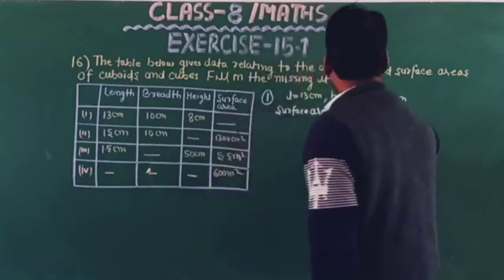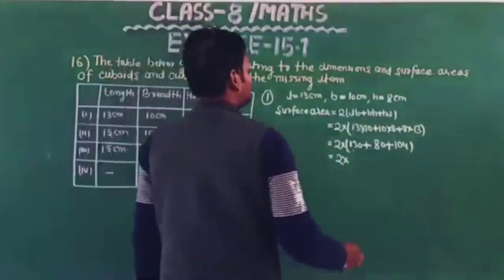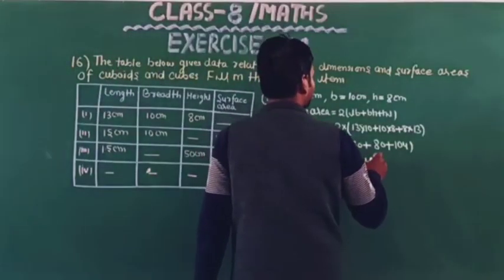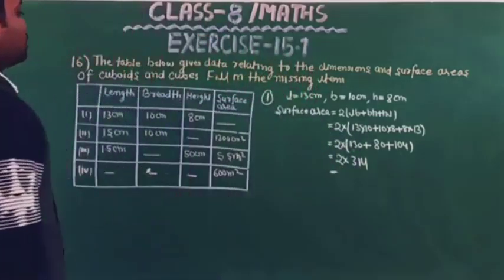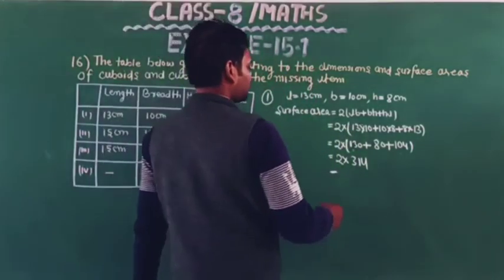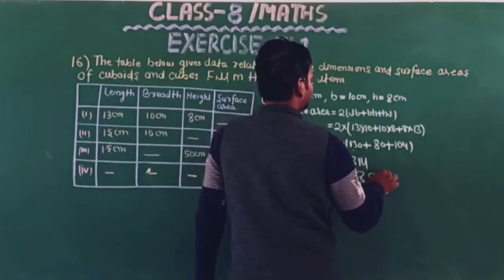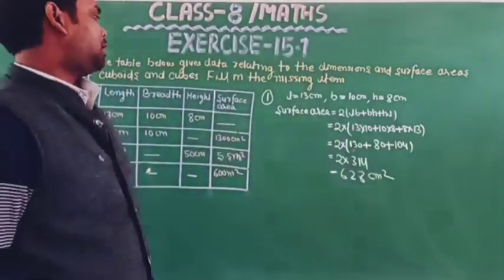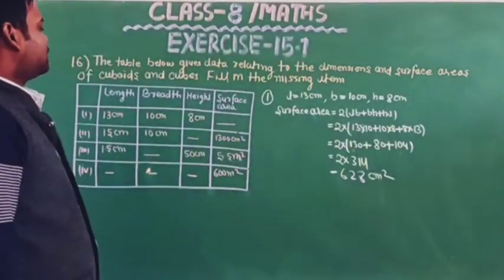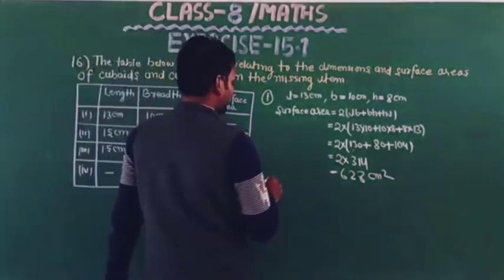Now adding 300, 80, 240, we will get 620. So the total surface area of the cuboid is 2 into 340, equal to 628 centimeter square.